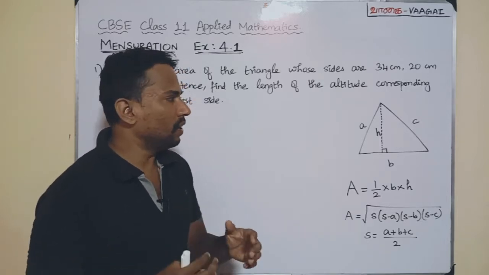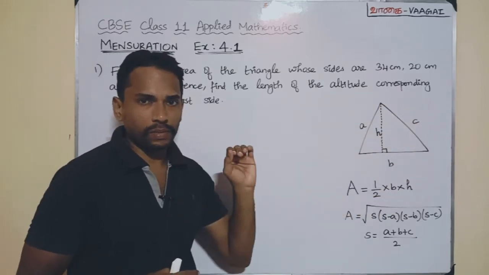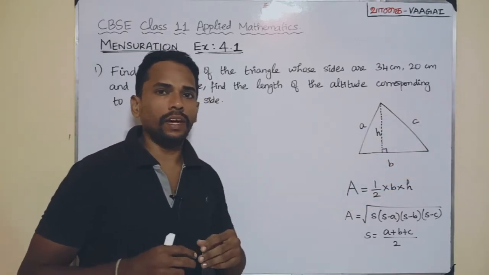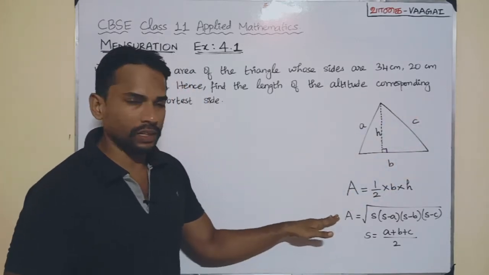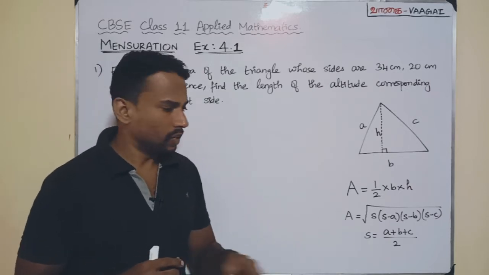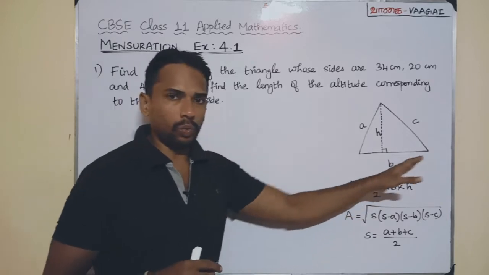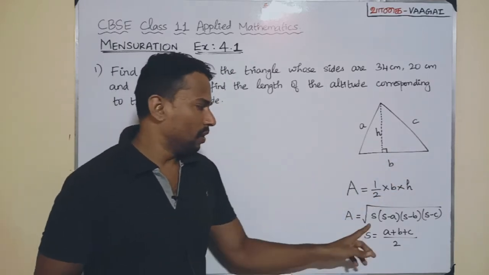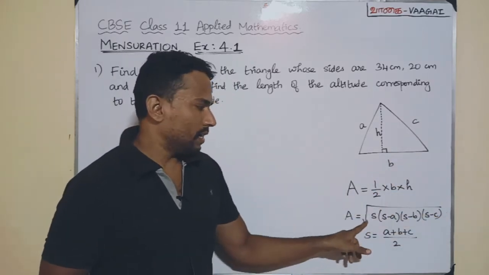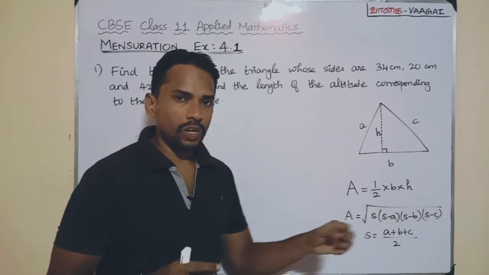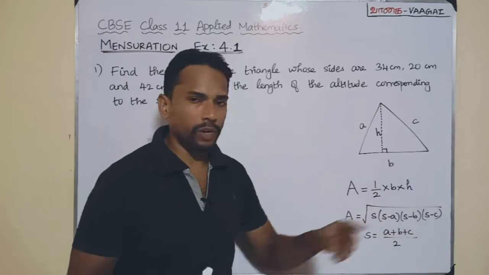Whereas if we are given the three sides of the triangle, let's say the three sides are A, B and C, then we will have to use the second formula to calculate the area. This says area is equal to square root of a product we have inside: S into S minus A into S minus B into S minus C. It's very clear that A, B, C are the three sides.